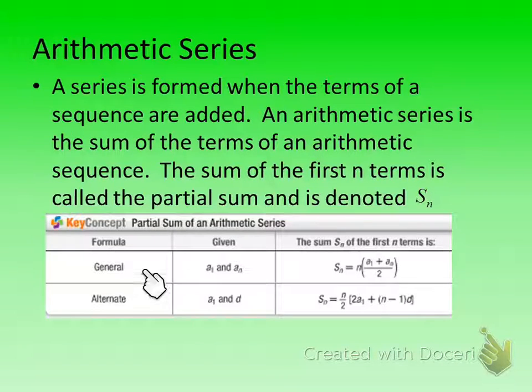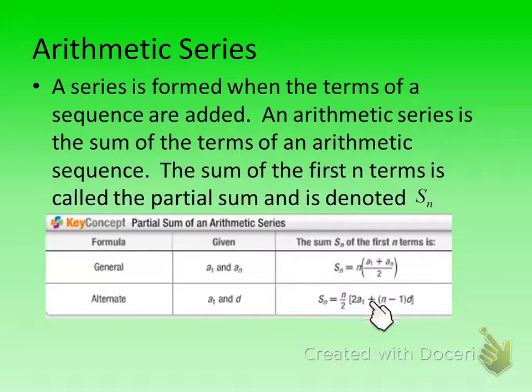Now, the book gives you two formulas, a general formula and an alternate formula. You need to know the general formula, a sub 1, a sub n. I haven't found one yet that cannot use the general formula.